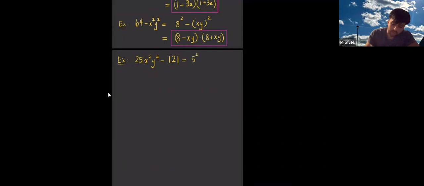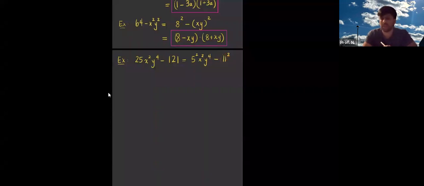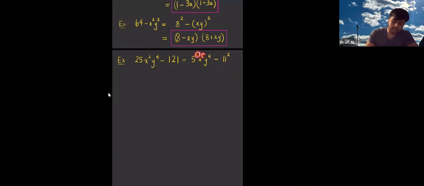So 5 squared x squared y to the fourth minus 11 squared. Again, I want to rewrite this expression as something in parentheses squared minus the other thing here, which is 11 squared. So far, that's what I have, and so far I have these 2's here.